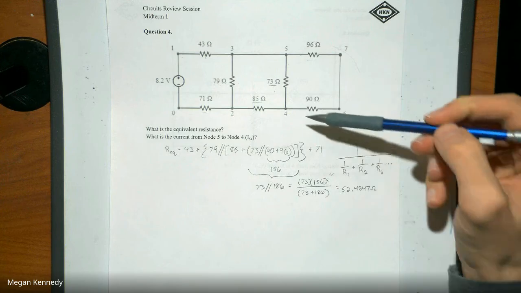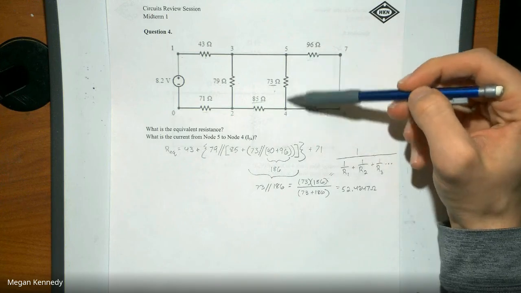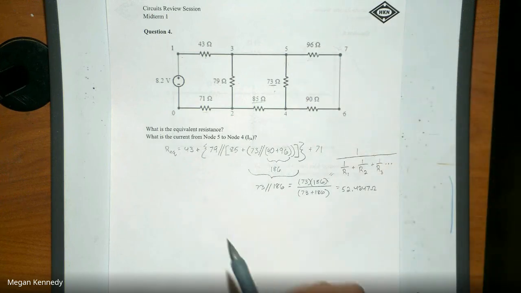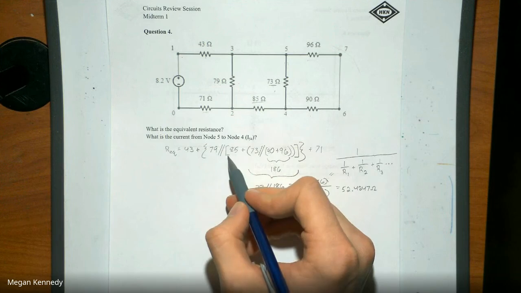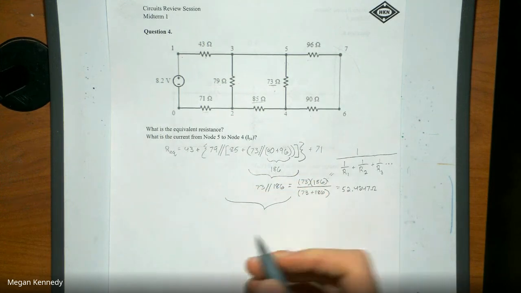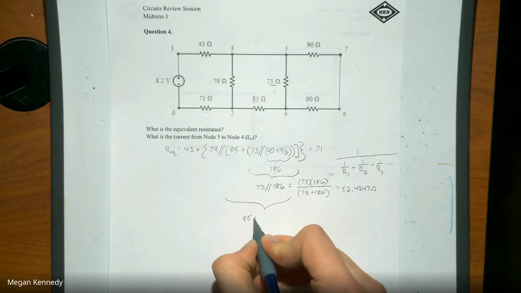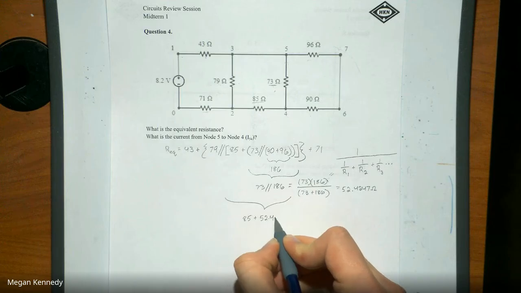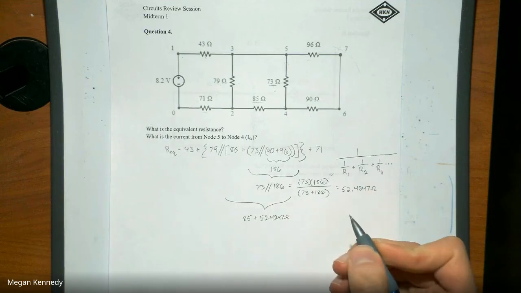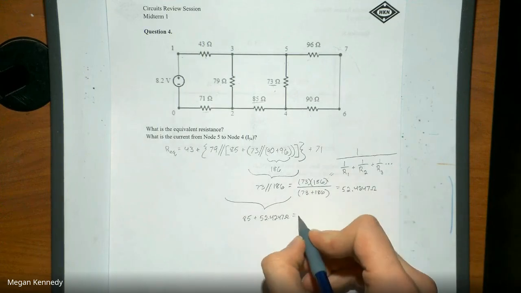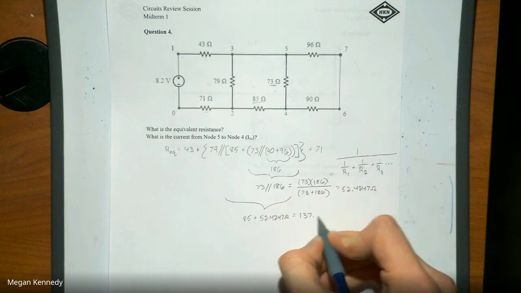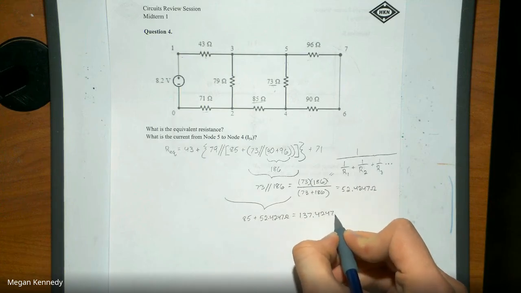So now we have an equivalent resistance between those 5 and 4 here. So now, looking back at this, we have our 85 in series with our 52.4247 ohms. And that gives us a resistance of 137.4247 ohms.